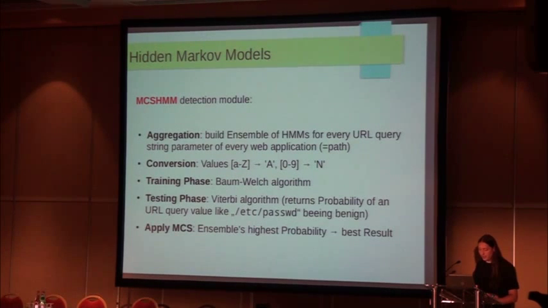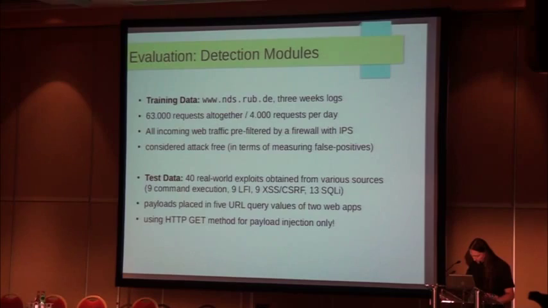In the end, we apply a multi-classification system and just take the model with the highest probability to get fewer false positives, and in the end, the best result. As said, this is totally nothing new, and it's more an implementation idea. And so we did some evaluation.